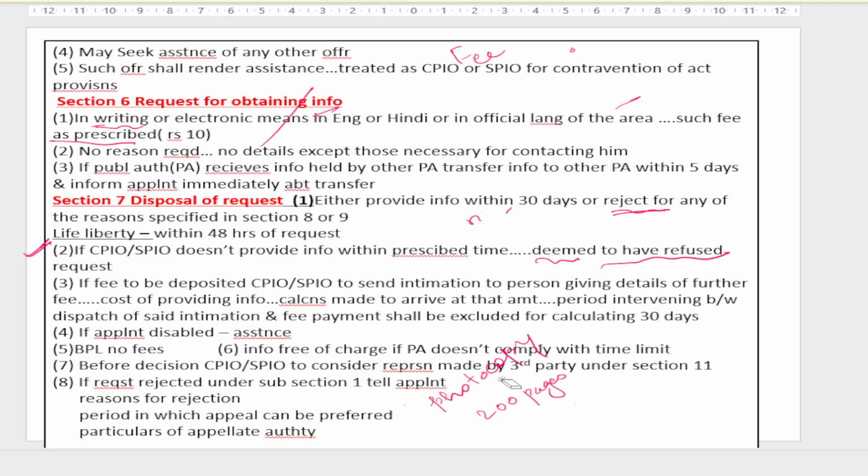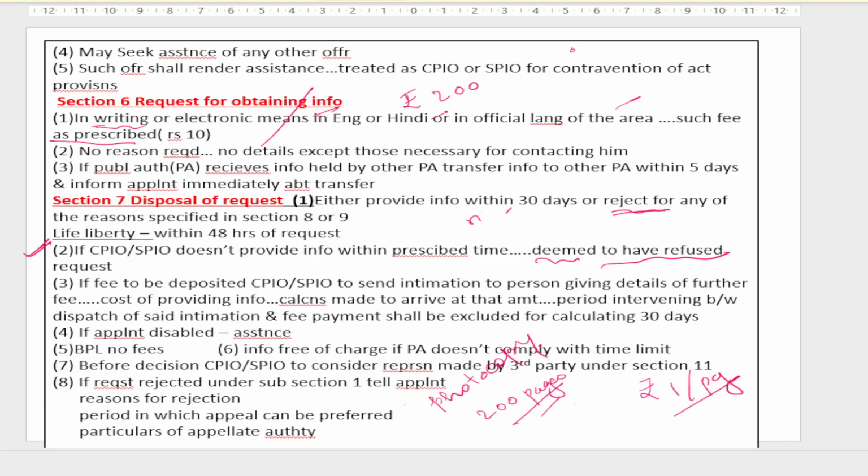So 200 pages need to be photocopied, and the cost of photocopying is ₹1 per page. So in this case, the PIO will write a letter to the applicant saying that you need to deposit ₹200.